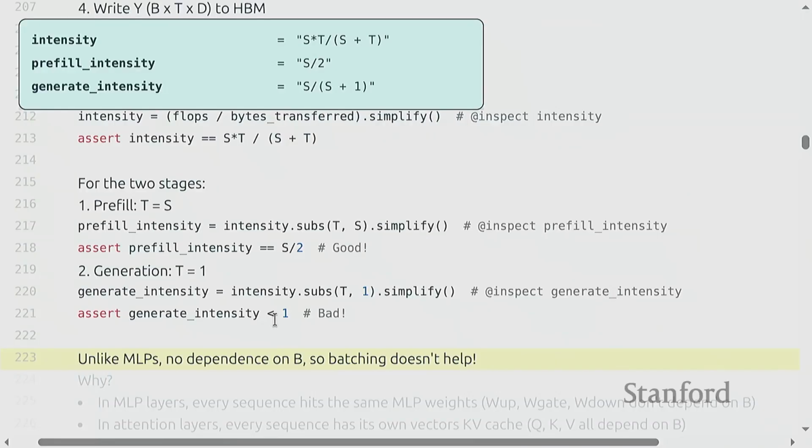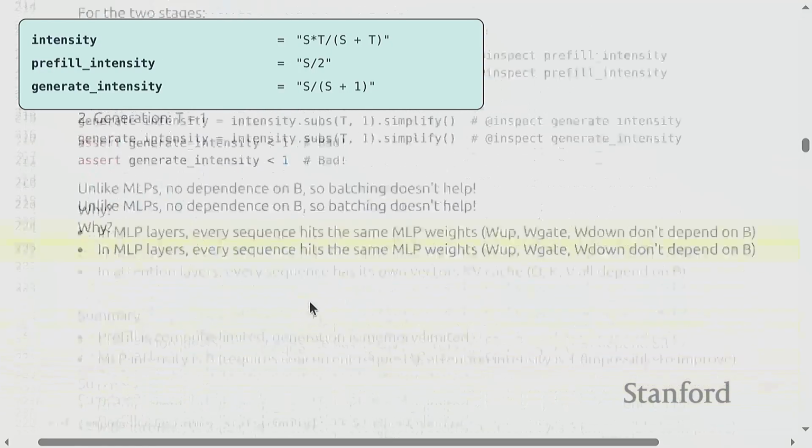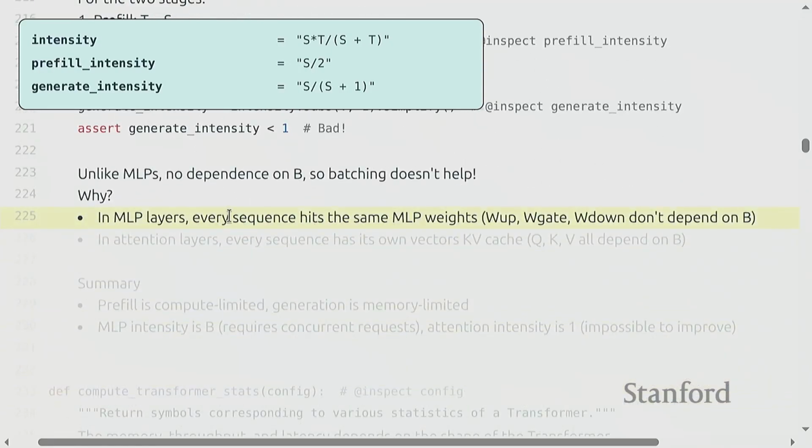So why, intuitively, is there no dependence on B, the batch dimension? The reason is that in the MLP layers, every sequence hits the same MLP weights.